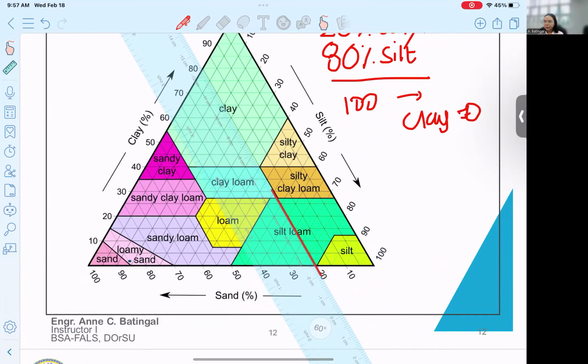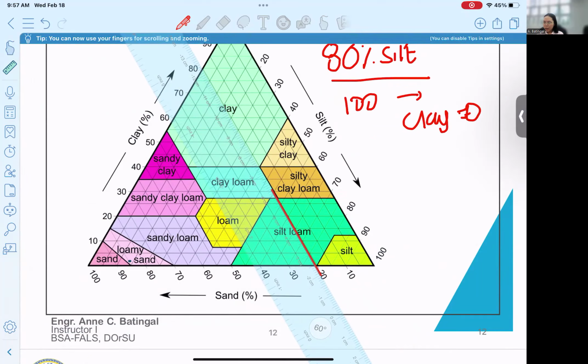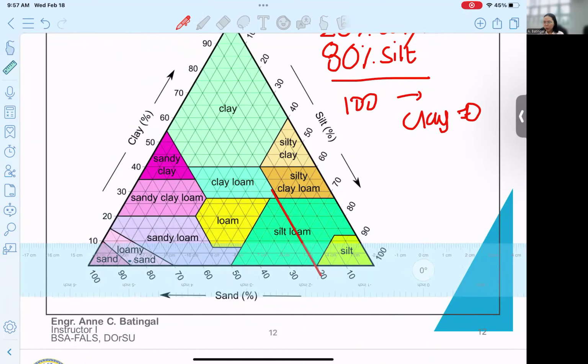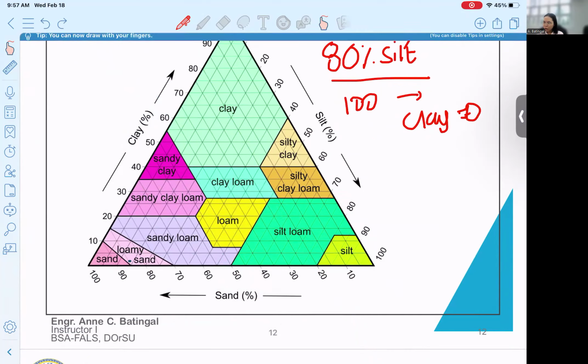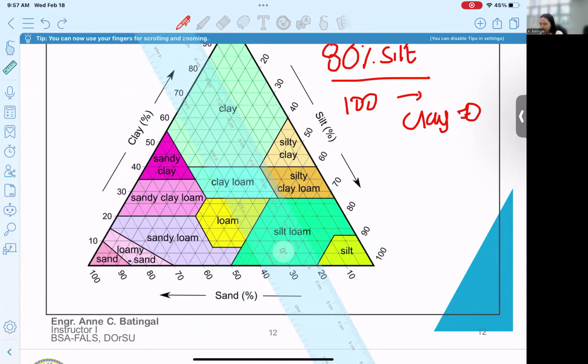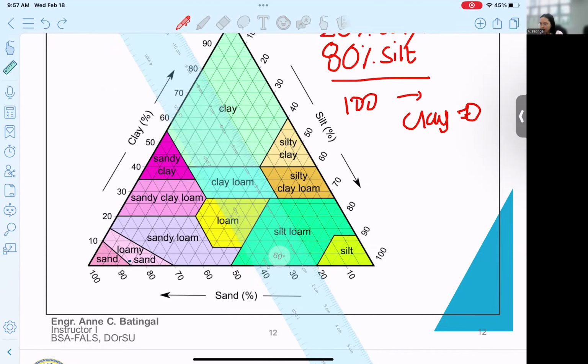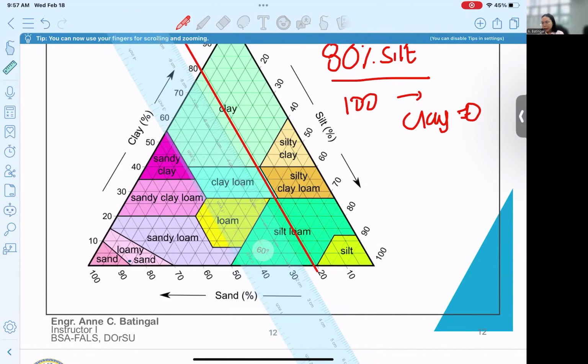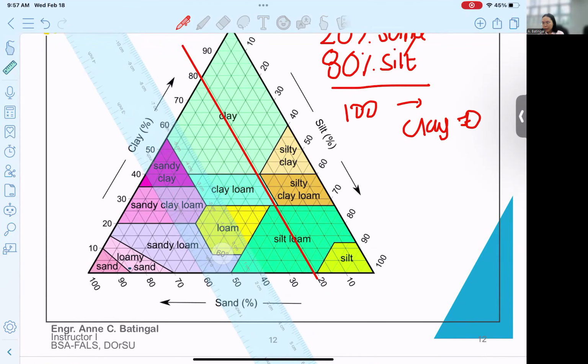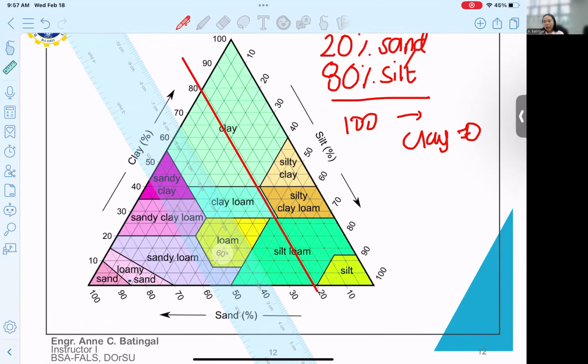20% sand. 80% silt. So, asa man si silt? So, dako na tag-chance kung 20% ang imong sand, most likely, ang sa imong soil texture, either silt loam siya, clay loam siya, or clay ang imong sample.